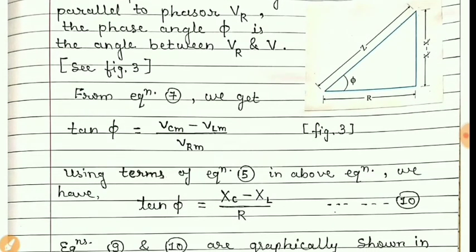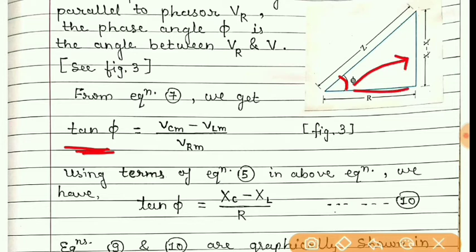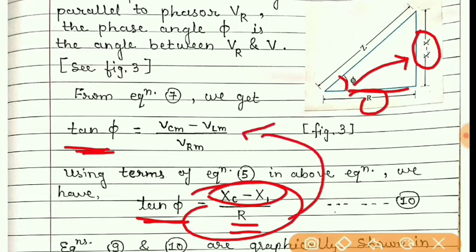Now from this figure, tan phi with respect to this angle phi is opposite upon adjacent, and opposite is XC minus XL and adjacent is R. So you can see first here tan phi is XC minus XL upon R, but the same can be written in terms of voltages.